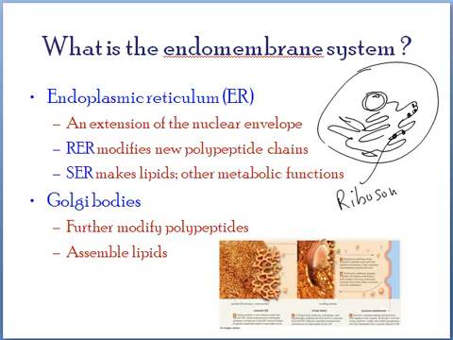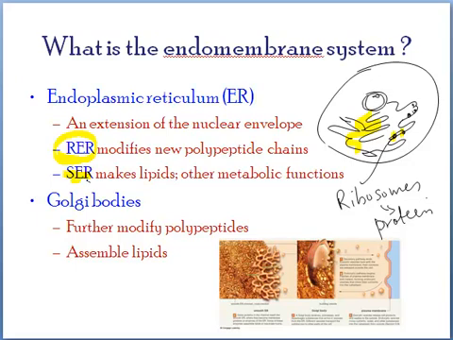Remember previously I said ribosomes are a place where proteins are synthesized. The endoplasmic reticulum that has these ribosomes on it is called the rough endoplasmic reticulum. The R stands for rough, not for ribosomes. The endoplasmic reticulum that does not have ribosomes studded on it is called the smooth endoplasmic reticulum.